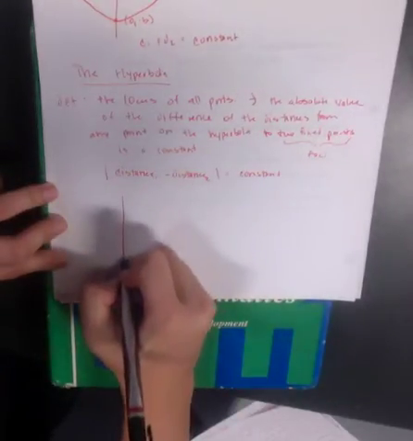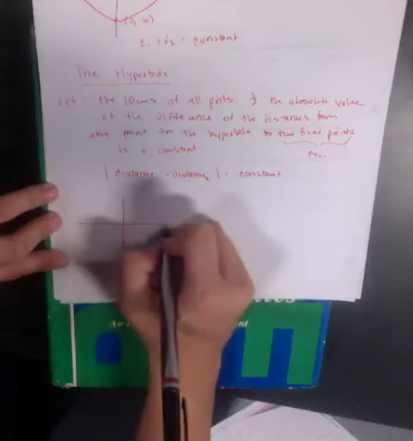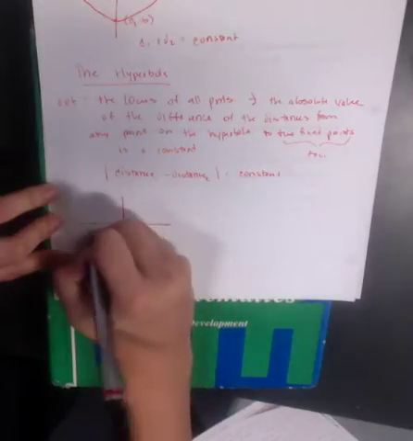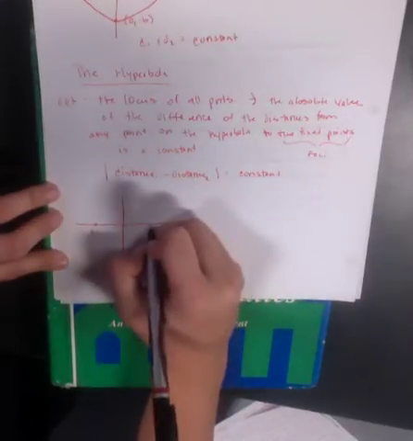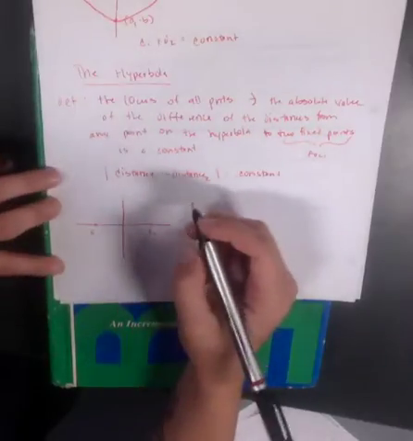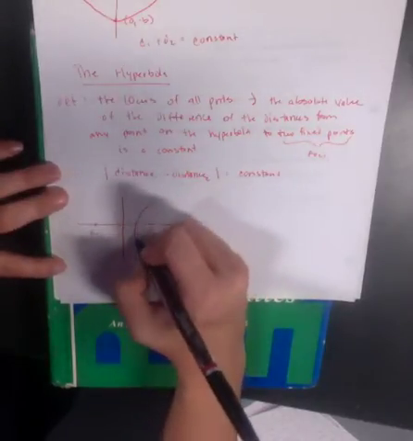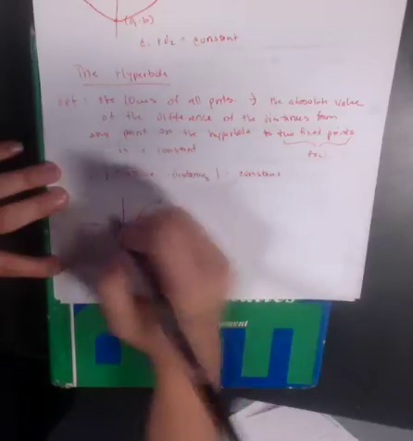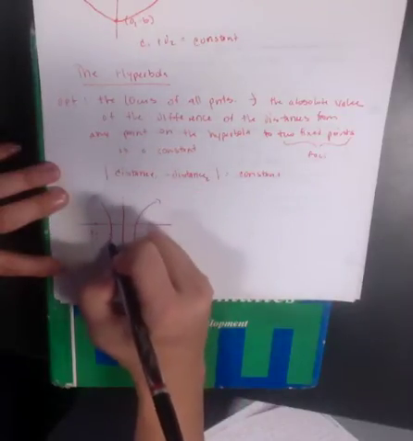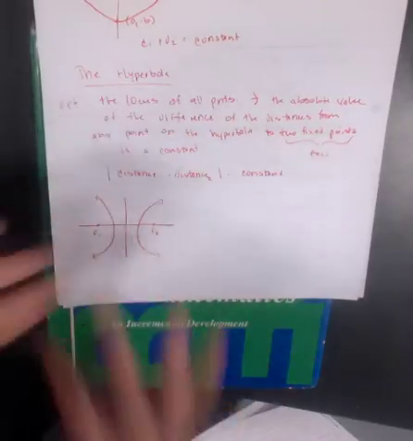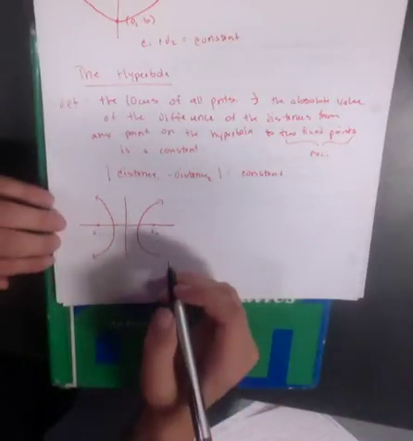Okay, so if I graph this, I'm going to have my one foci, my other foci, and the hyperbola has two curves facing away from each other, similar to a parabola where it's pointing towards its focus.